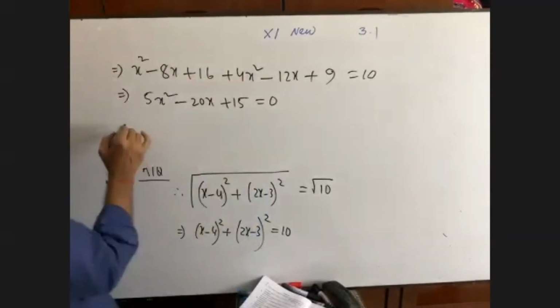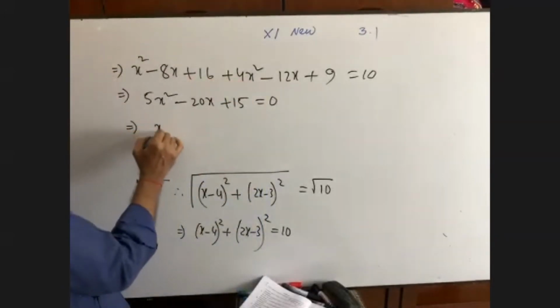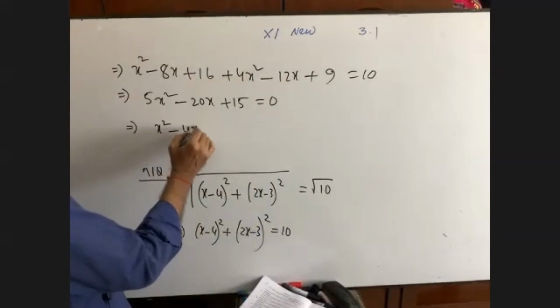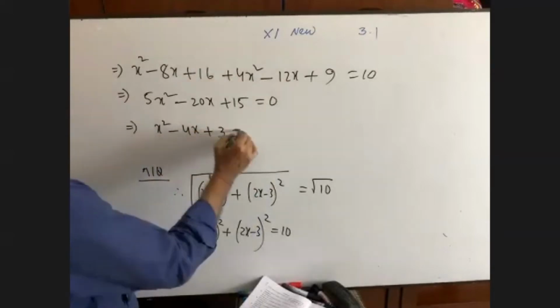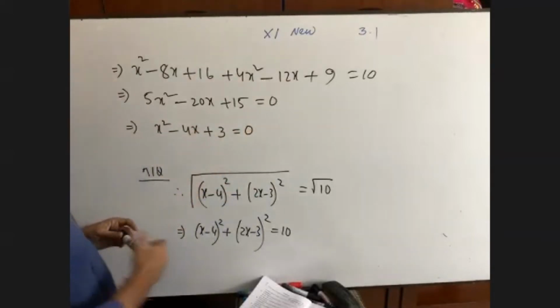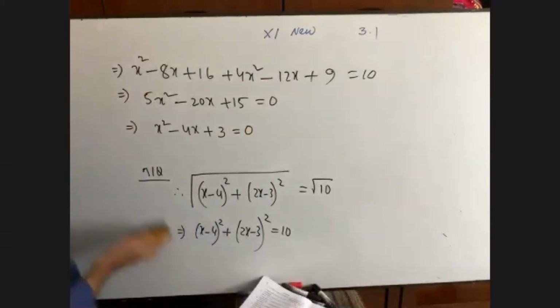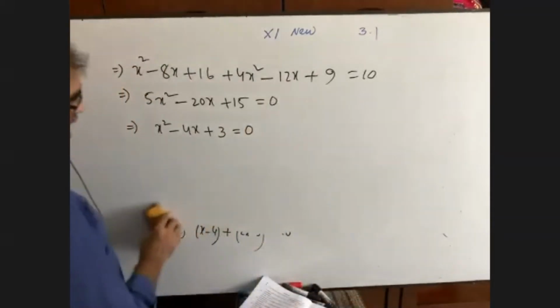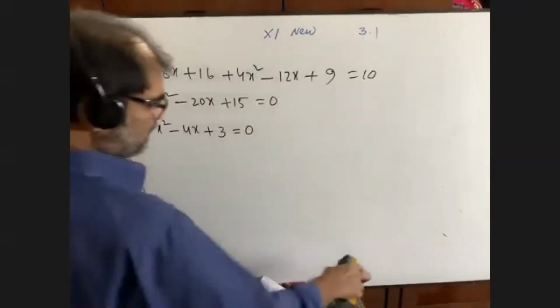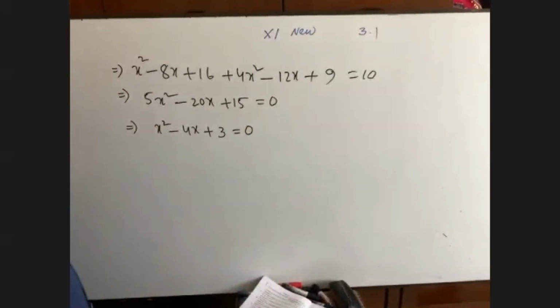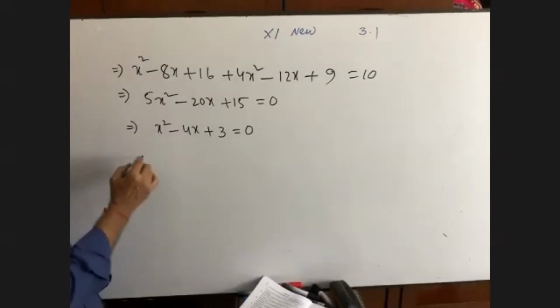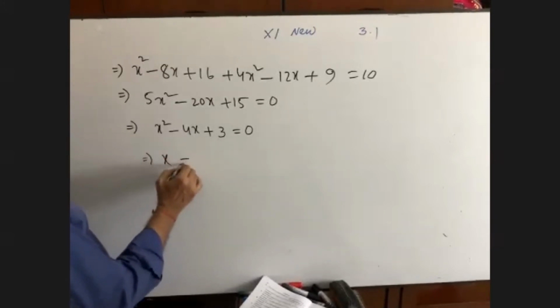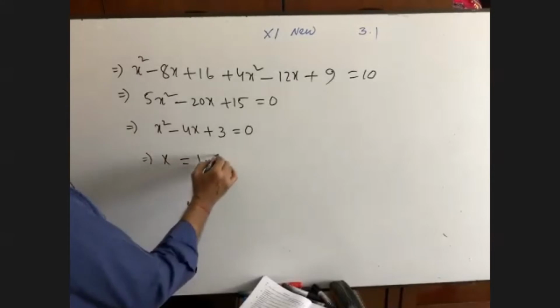Now we can divide it by 5, that is x square minus 4x plus 3 equals 0. Now this quadratic equation can be solved, and we will get x equals 1 and 3.